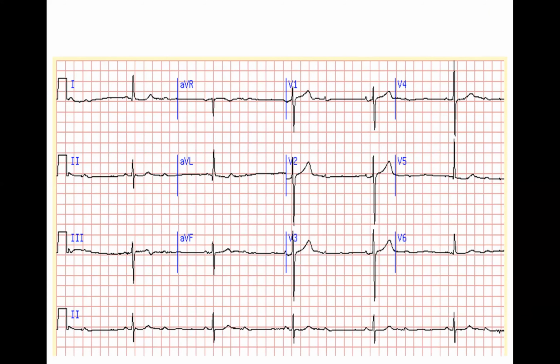This is a 12 lead ECG. The R wave, the axis looks normal. Yes, axis normal. We have what looks as if it is left anterior fascicular block, and we have 2 to 1 conduction.